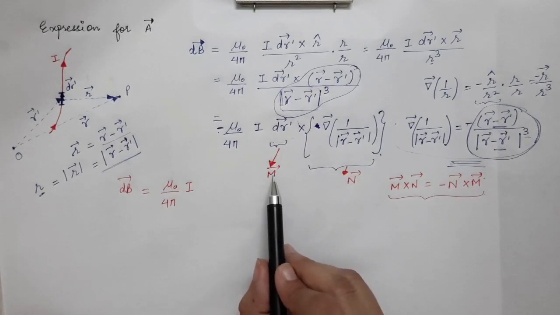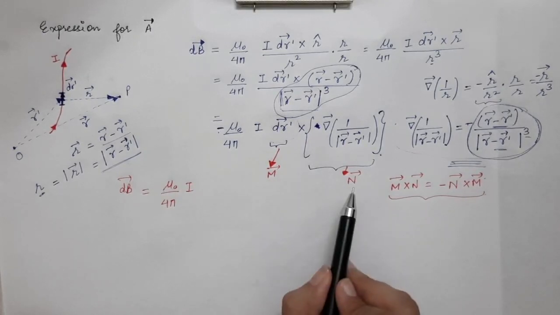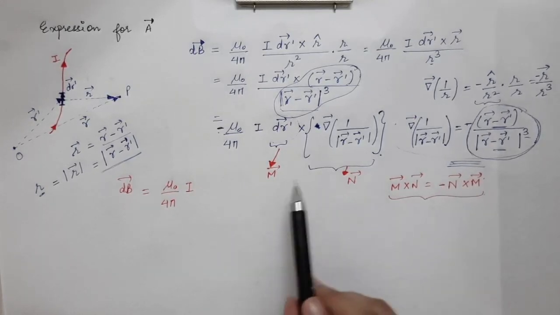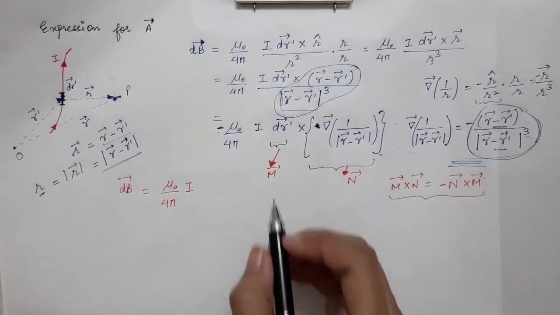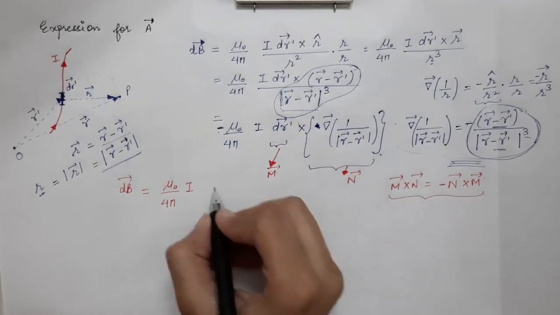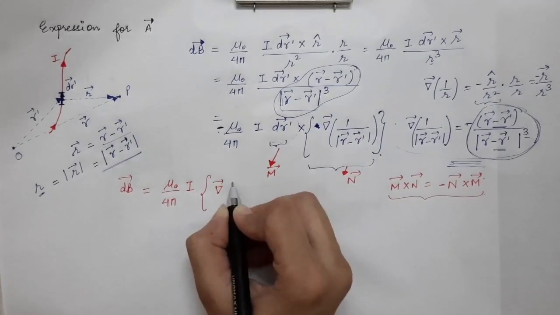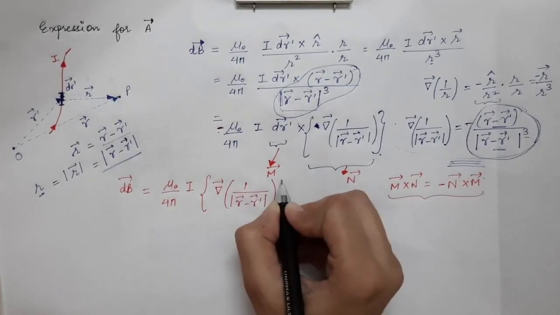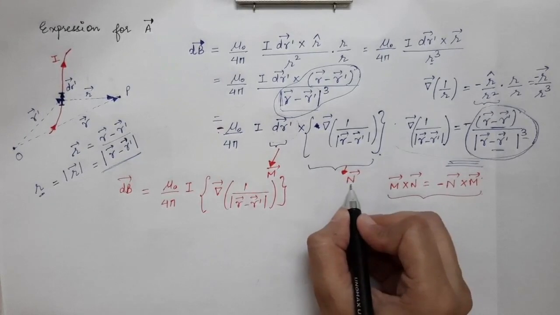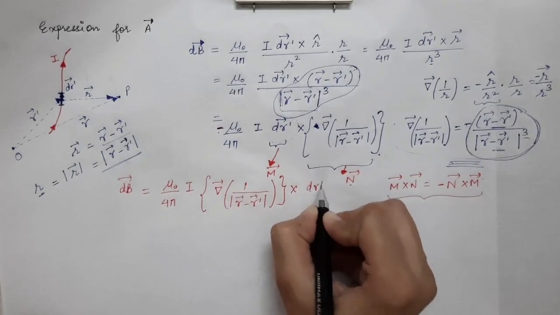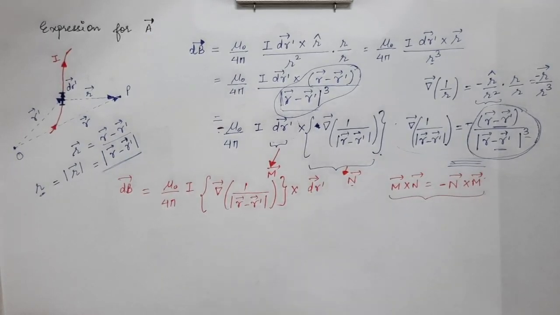So instead of m cross n, now you will write n cross m, and this negative sign will be consumed using this step. So what is n vector? That is the gradient of 1 by the magnitude of r vector minus r prime vector. So this is the first vector, n vector, then cross product with m vector, which will be dr prime vector. So the negative sign has been consumed in this step.